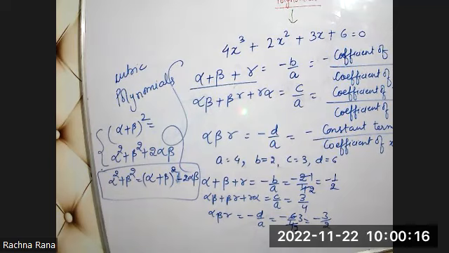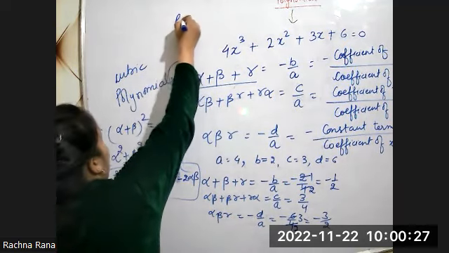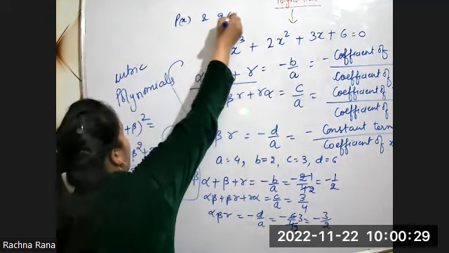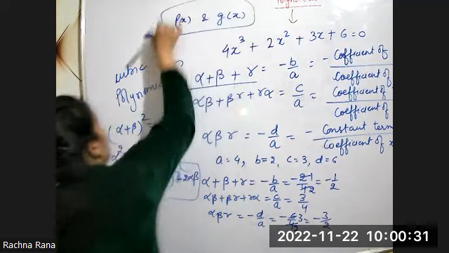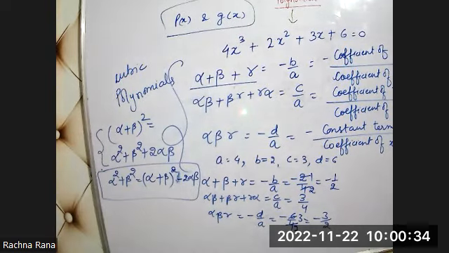And next point of polynomial is the division algorithm. If we have given p(x) and g(x), any two polynomials, then we have to keep in mind g(x), the second polynomial, can never be 0.